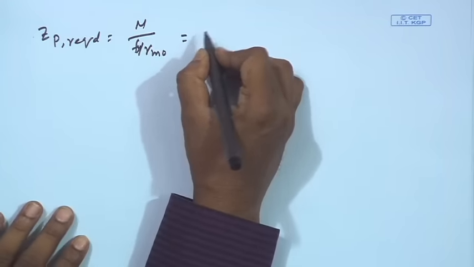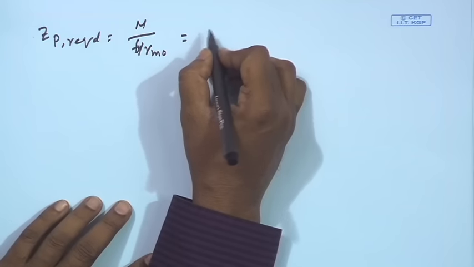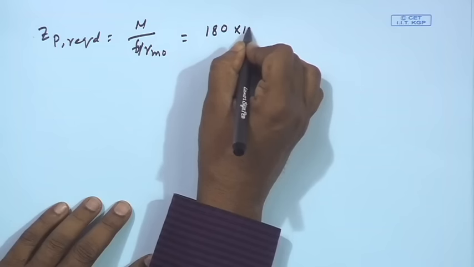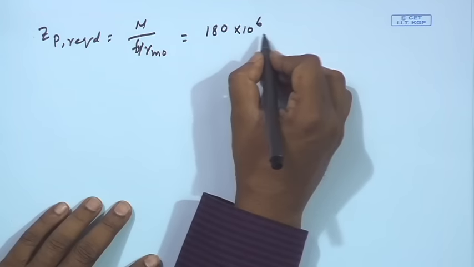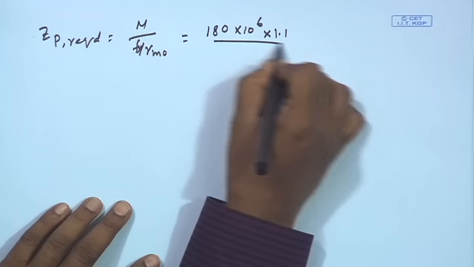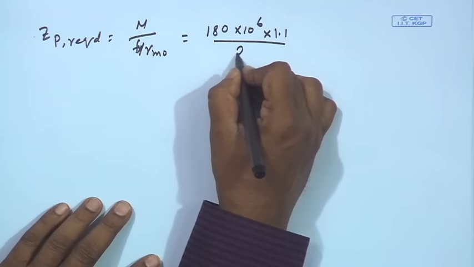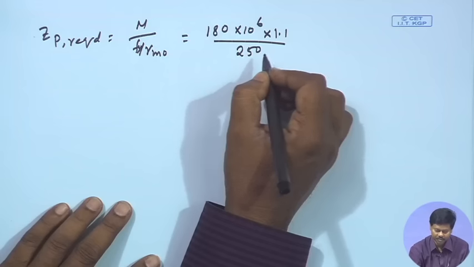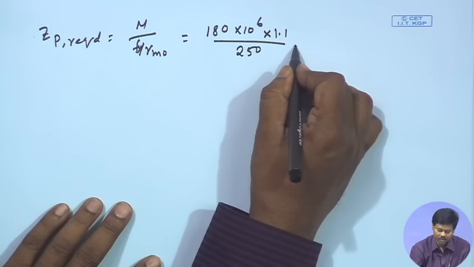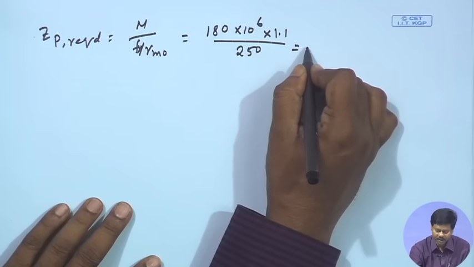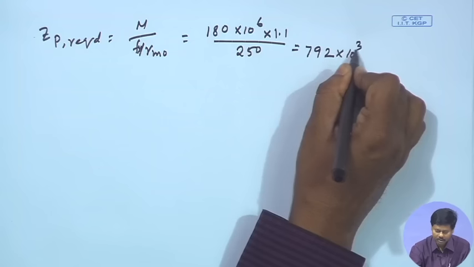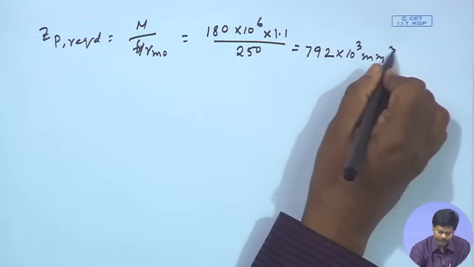The maximum factored bending moment has been given as 180 kilonewton meter, which means 180 into 10 to the 6 Newton millimeter, into 1.1 for gamma m0, and Fy is 250, as we are using Fe410 grade of steel. Therefore, we can find Zp required as 792 into 10 to the 3 millimeter cube.